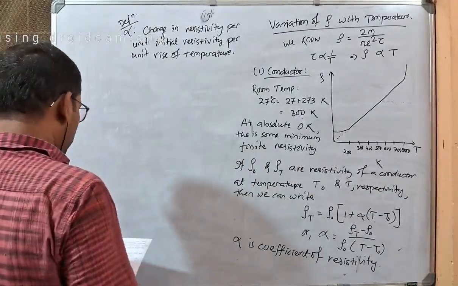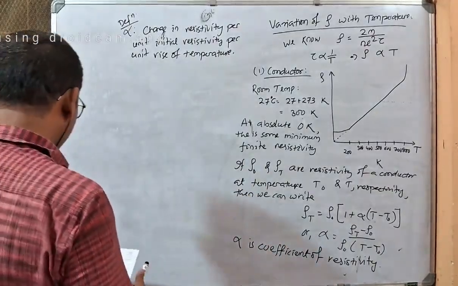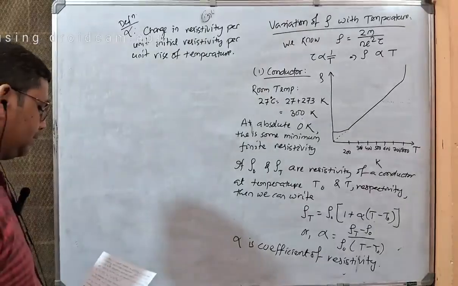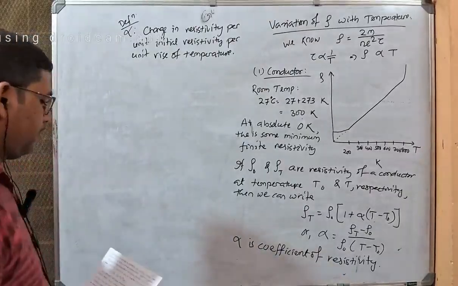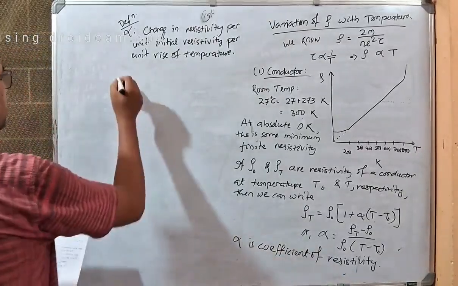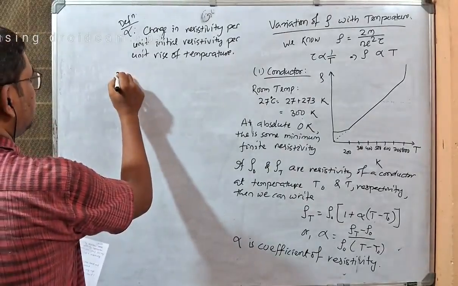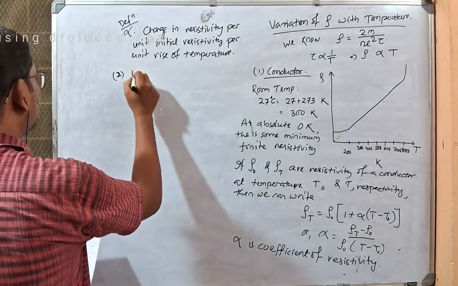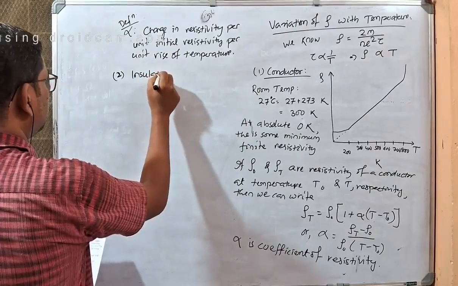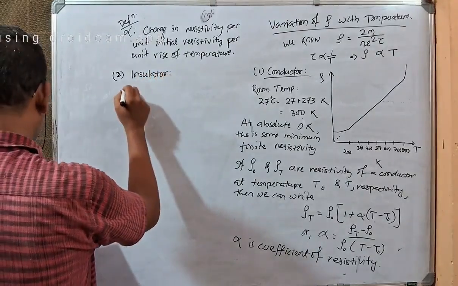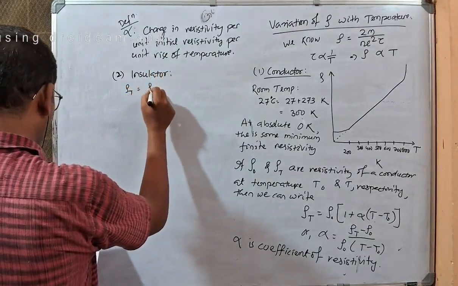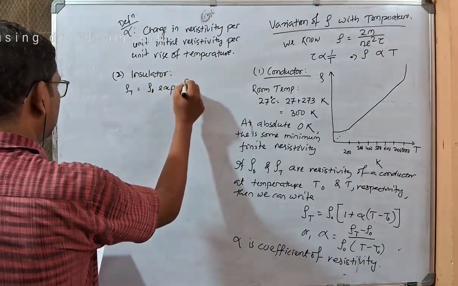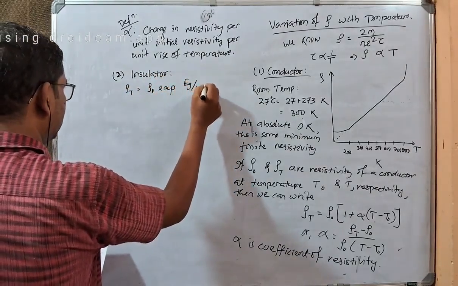This is all about conductors. Maybe it is not in your course how resistivity varies with insulators. Just remember a relation for insulators: rho T is equal to rho 0 e to the power Eg by Kt.